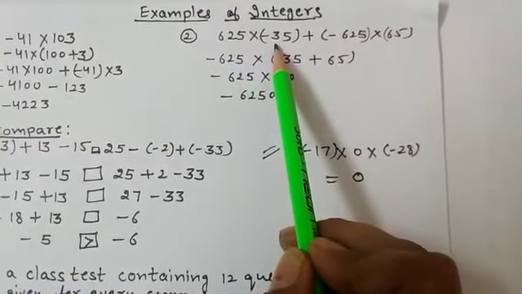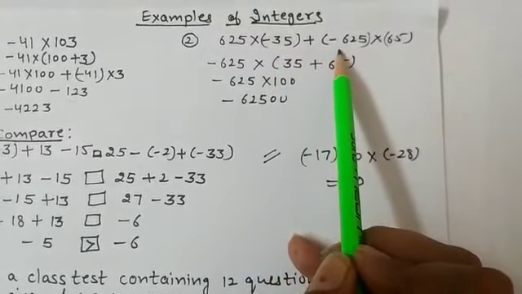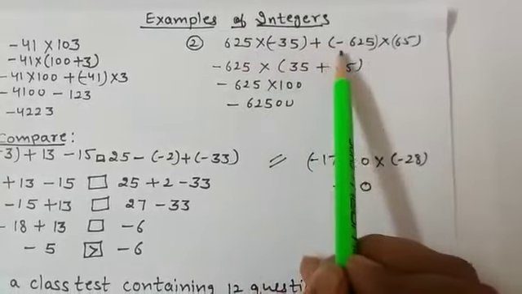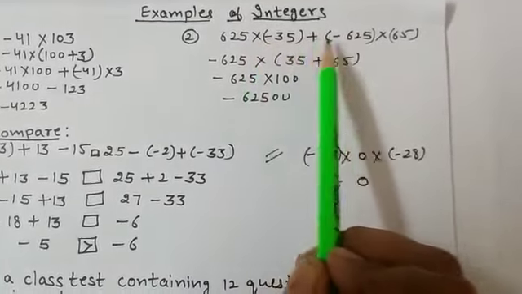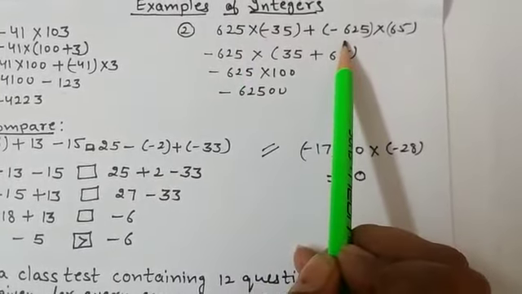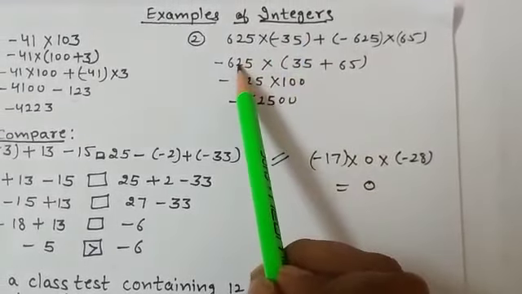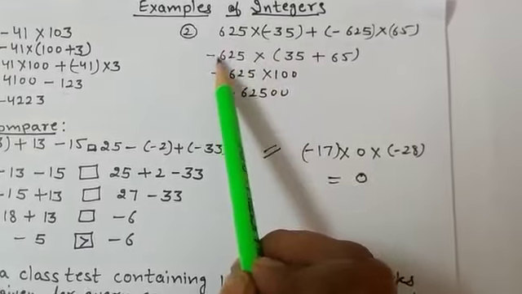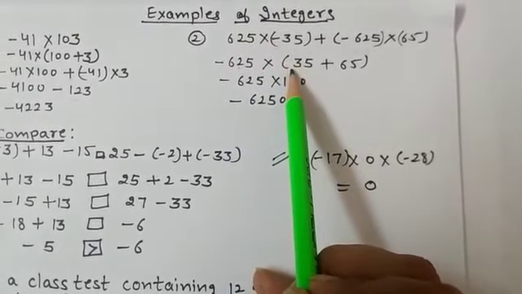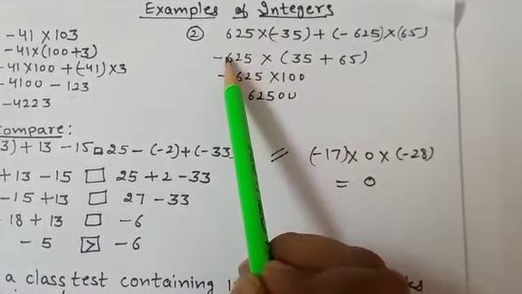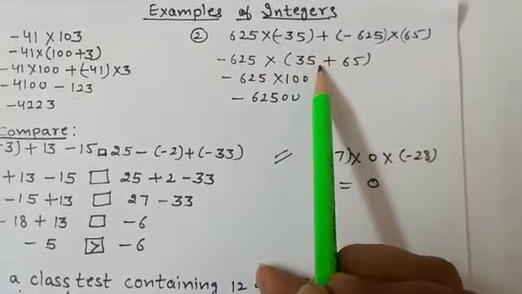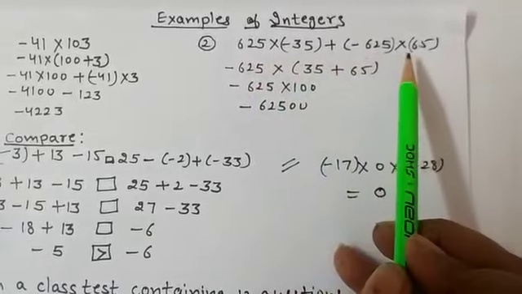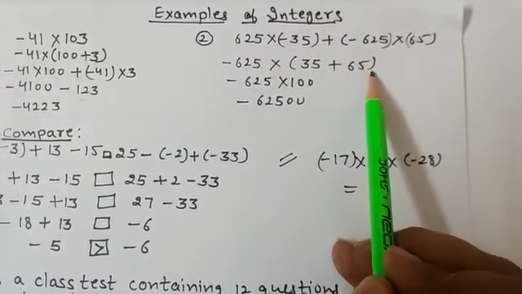Next sum is also part of the distributive property. 625 into minus 35 plus minus 625 into 65. In both parts, the common digit is 625. We write 625 as you wish, minus or plus. If we write minus, then 35 we write with a plus sign, because the minus is outside the bracket, and 65 is left in the bracket.